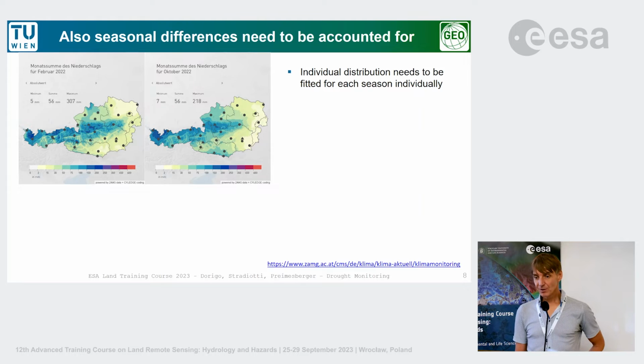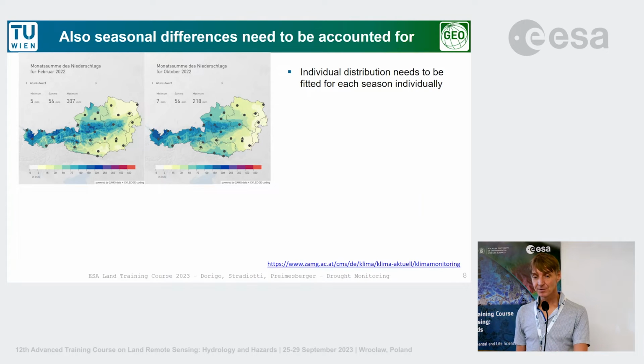You also need to account for seasonal differences. You can compute the SPI for a year, but a yearly mean does not necessarily tell us a lot about drought. It may, but in many cases it does not. I like this example very much, also from last year. You see the distribution of precipitation in Austria, and a very similar distribution in February and October, basically exactly the same pattern.